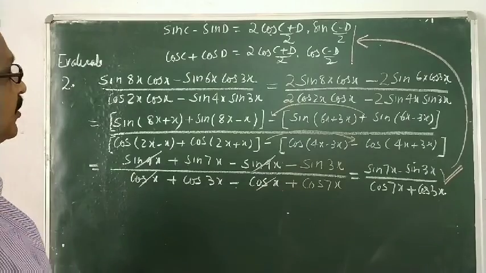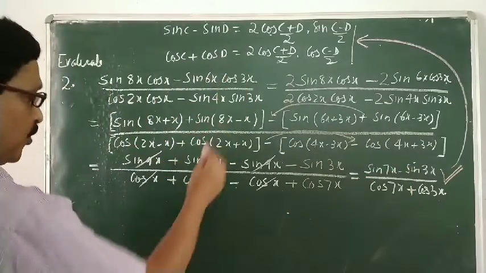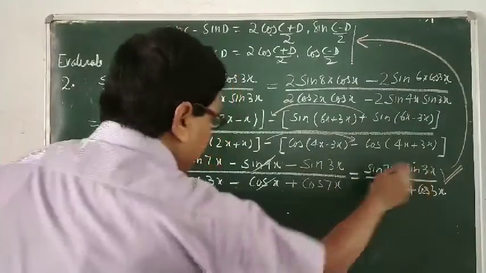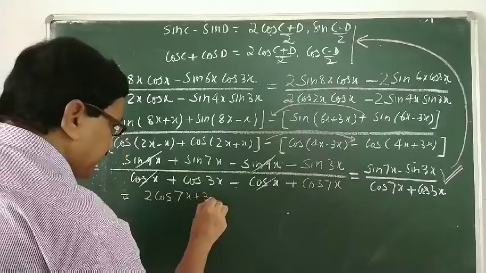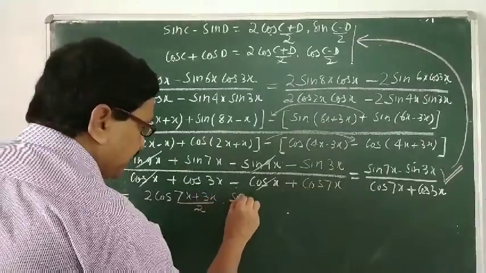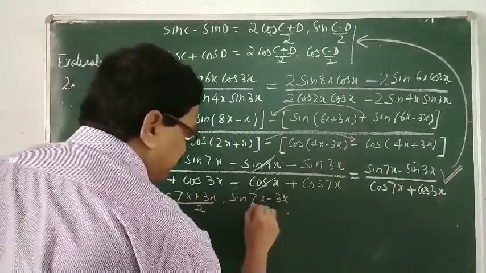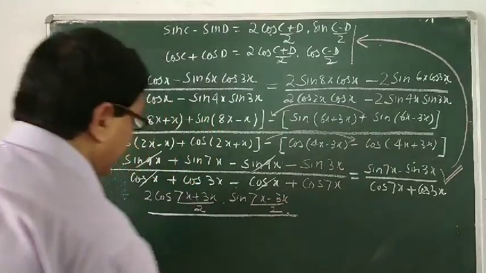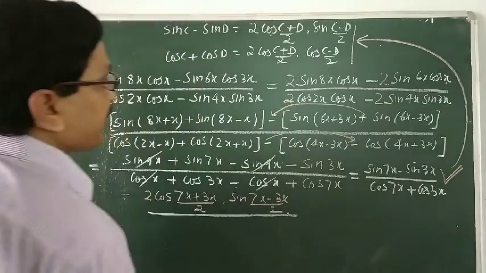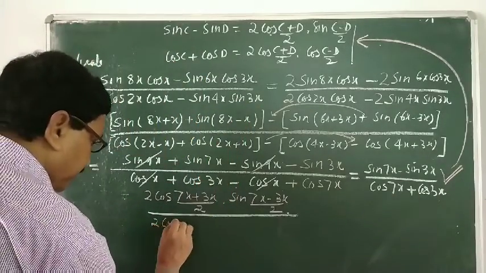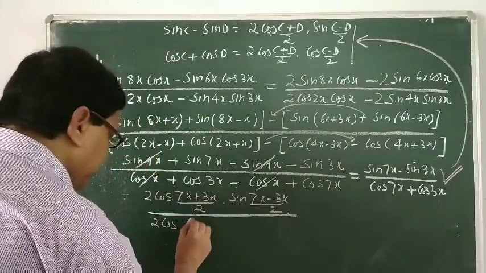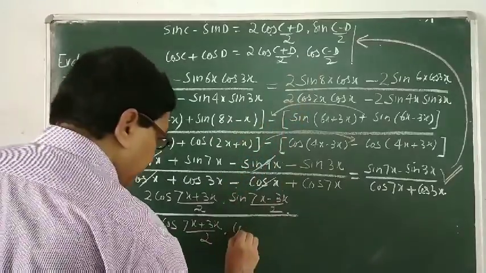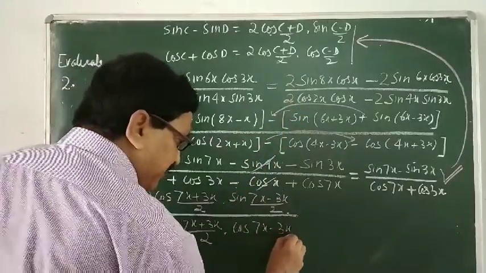Sin 7x minus sin 3x, sin c minus sin d, 2 cos 7x plus 3x by 2 into sin 7x minus 3x by 2, and the denominator, the last line, children: cos c plus cos d, 2 cos 7x plus 3x by 2 into cos 7x minus 3x by 2.